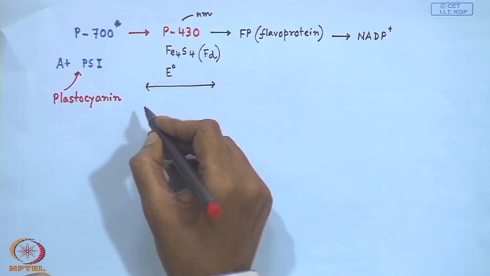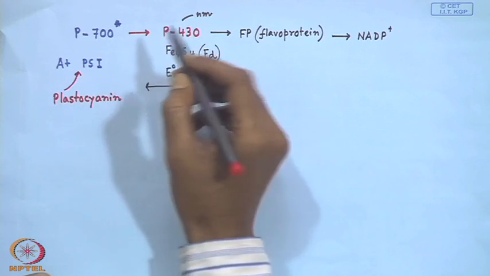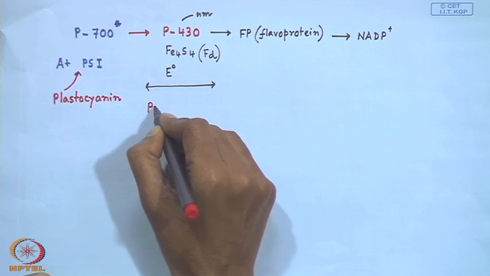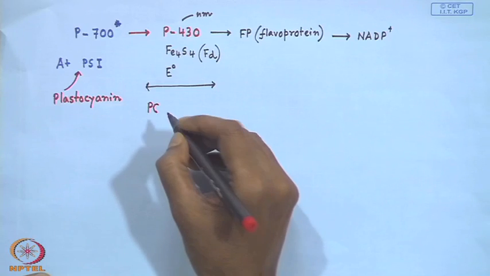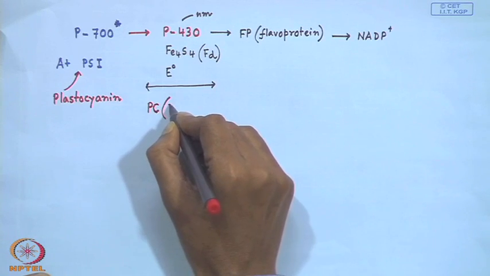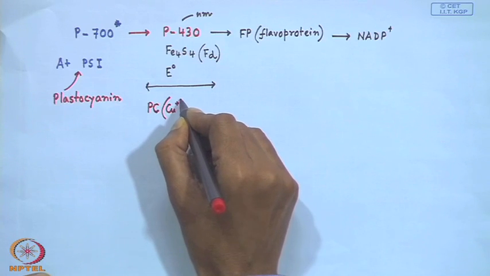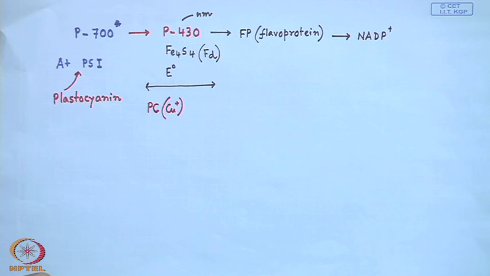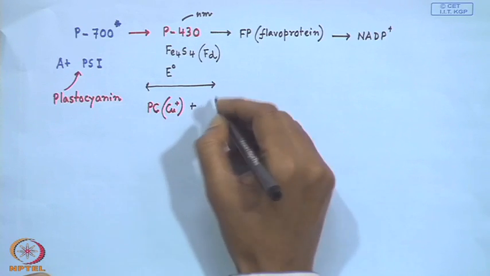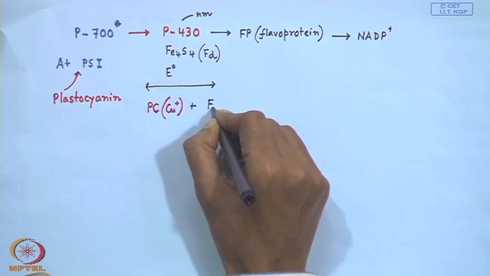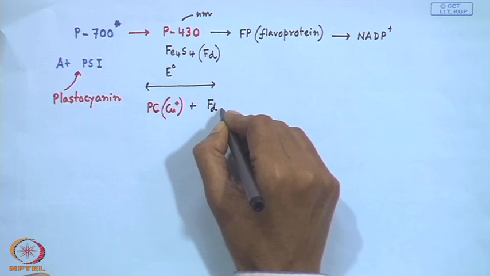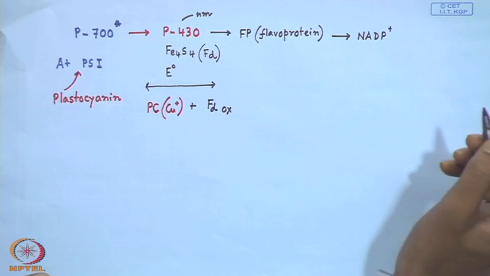Thermodynamics will tell us whether the reaction of plastocyanin, which is copper based, in the reduced form copper, can react with the corresponding ferredoxin in oxidized form.